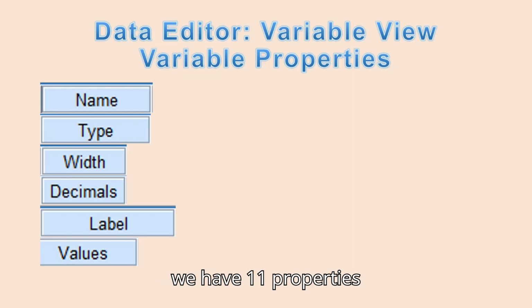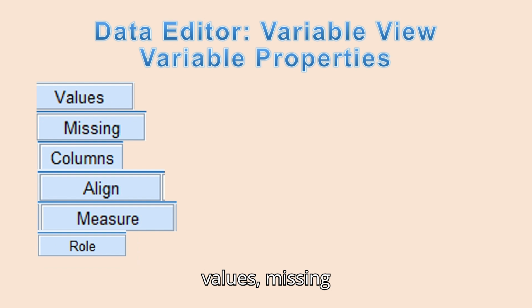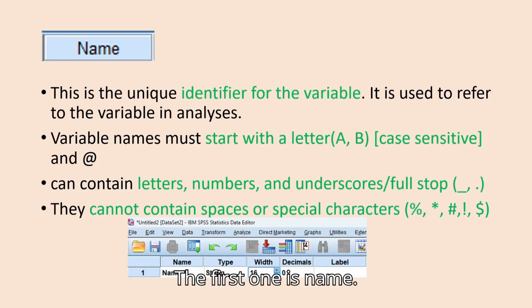Here we have 11 properties for any variable. The first one is name, the second type, then width, decimals, label, values, missing, columns, align, measure, and role. The first one is name. This is the unique identifier for the variable in SPSS.